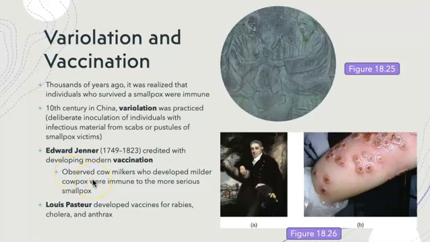And later we would understand that the cowpox virus is genetically and antigenically related to the variola viruses that caused smallpox. Later, around 1879 plus, so more in the 1880s, Louis Pasteur then developed vaccines for rabies, cholera, and anthrax.